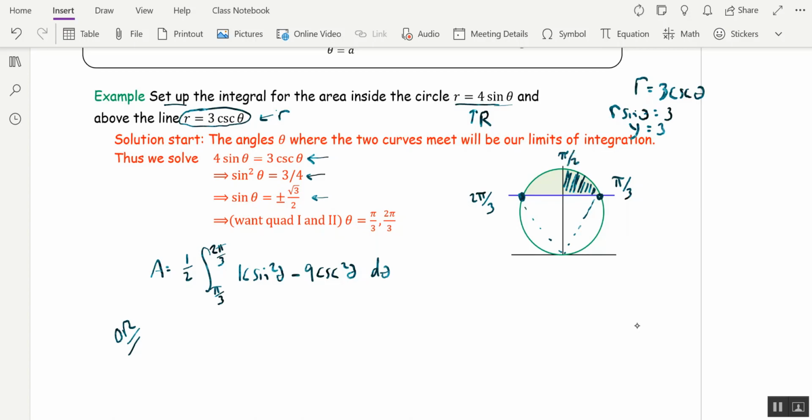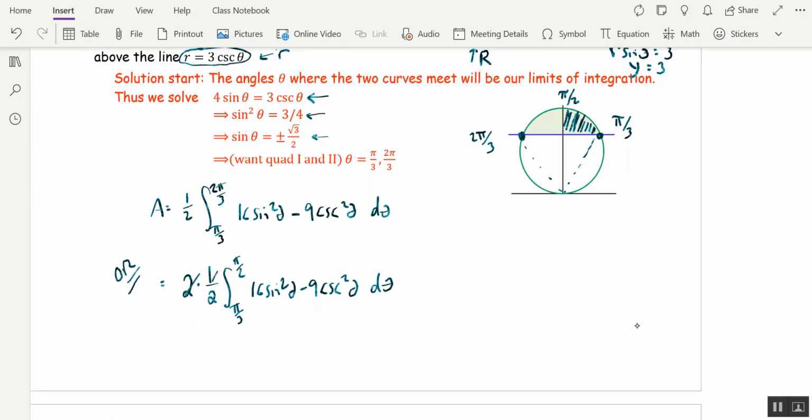Quadrant angles are always easier to work with. So I could say twice 1/2 integral pi over 3 to pi over 2 of the same expression. And so the 2 and the 1/2 would cancel, and I would just have, for my area, pi over 3 to pi over 2, 16 sine squared theta minus 9 cosecant squared theta, d theta.